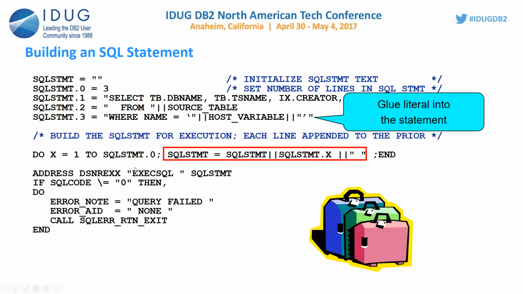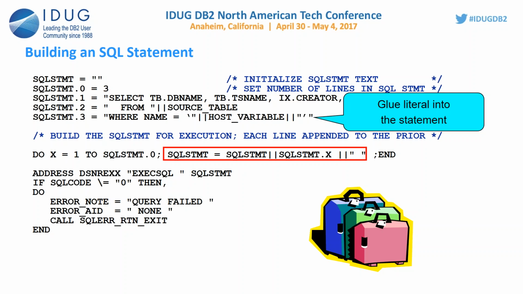Then this do x equal 1 to SQL statement .0 is a boilerplate line of code, where I'm taking all of the entries in that stem variable and concatenating them together in a regular string or character variable called SQL statement, for use to send it off to DB2.